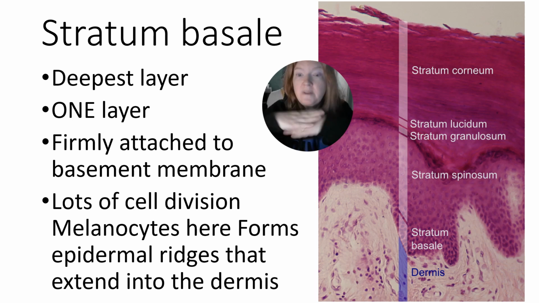And here is where the stem cells are. Lots and lots of division happening here. Also, this is where there are melanocytes, which are going to produce melanin. And this is where the epidermal ridges form that extend into the dermis below and create fingerprints.